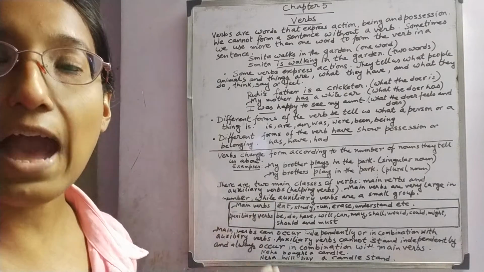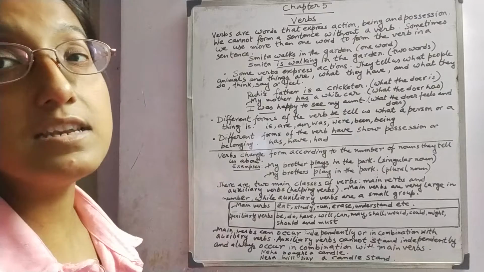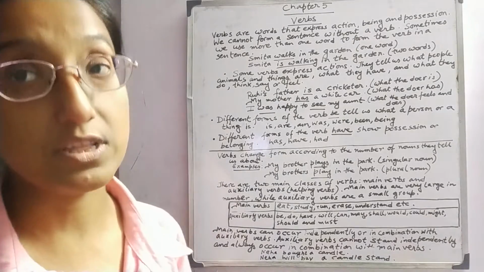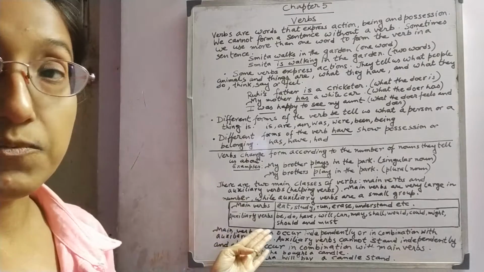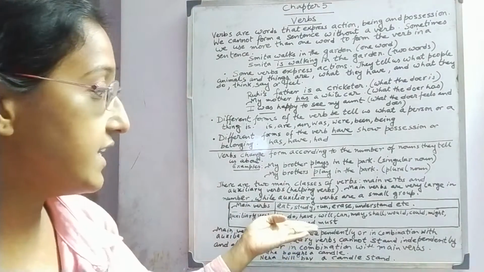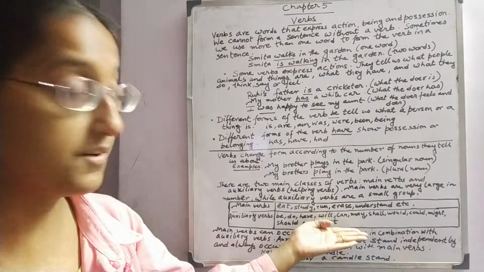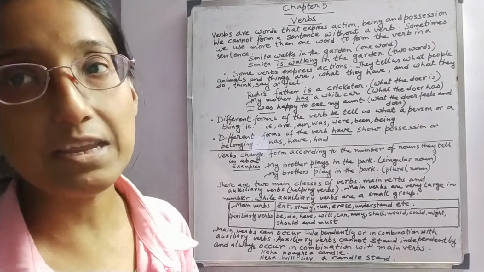Now we will look at some examples of the main verbs and the auxiliary verbs or the helping verbs. Now, main verbs. Examples: eat, study, run, erase, understand, etc. There are many, many more.